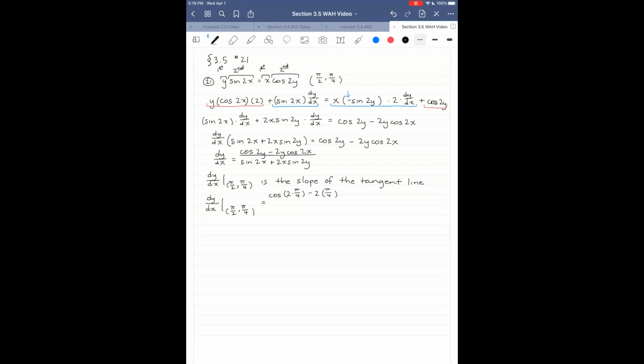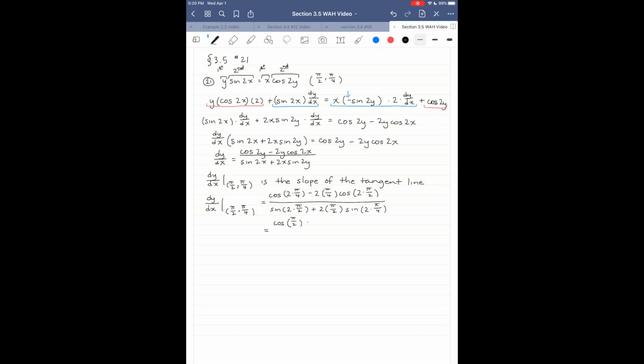So I have the cosine of 2 times pi over 4 minus 2 times pi over 4, replacing every y with pi over 4, times the cosine of 2 times pi over 2, replacing x with pi over 2, over the sine of 2 times pi over 2, replacing x with pi over 2, plus 2 times pi over 2, replacing x with pi over 2, times the sine of 2 times pi over 4, replacing the y with pi over 4.